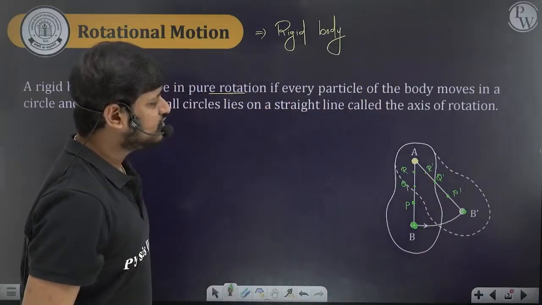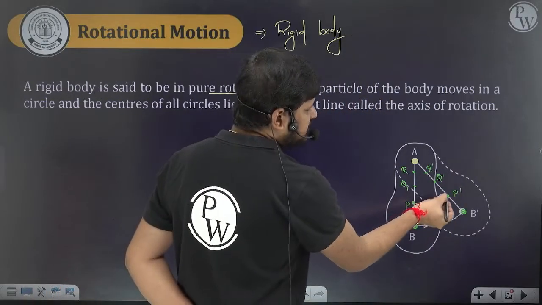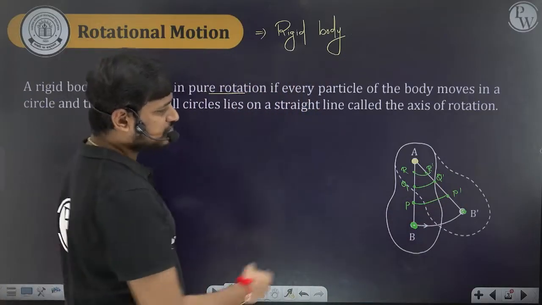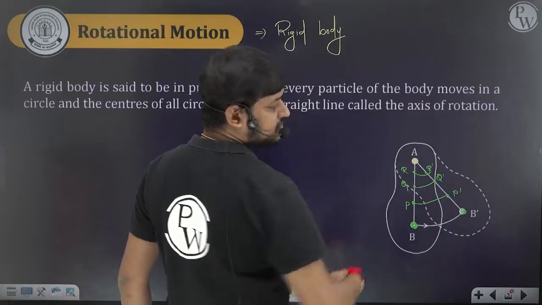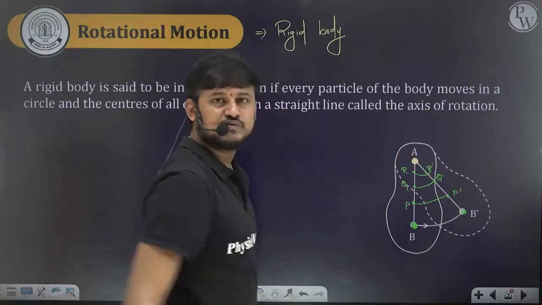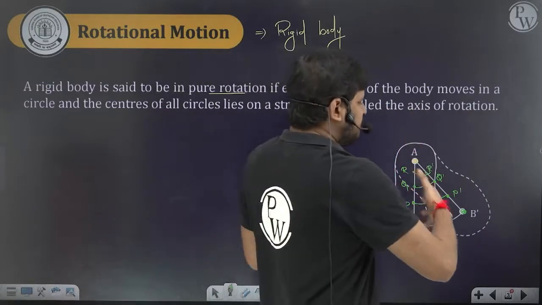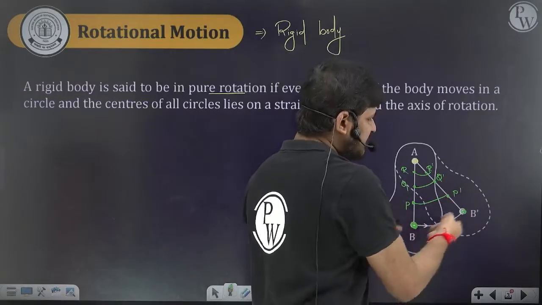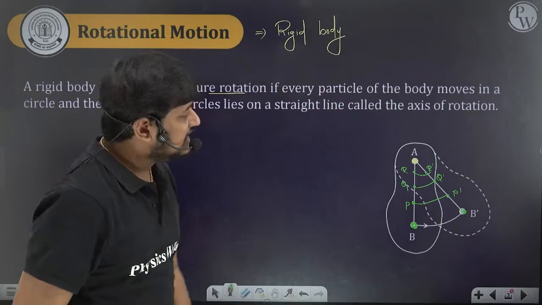Now if you observe, all the points of the rigid body are making circular motion. Once we rotate this about a pivoted point, these points are moving, making circular paths.